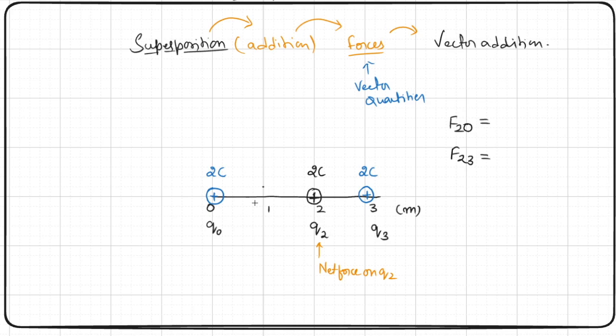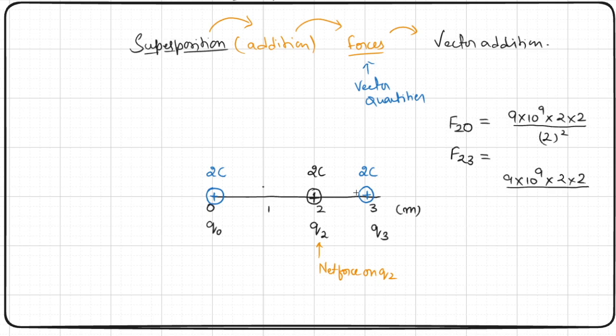Okay, so first let's calculate this. We have Coulomb's constant times Q1 times Q2, so both charges we need to multiply. So it will be 2 multiplied by 2 divided by the distance between them. See, the distance is 2 meters, squared. So this we need to solve. And for F23, it will be 9 multiplied by 10 raised to power 9 multiplied by the charges' magnitude, which is again 2 by 2.